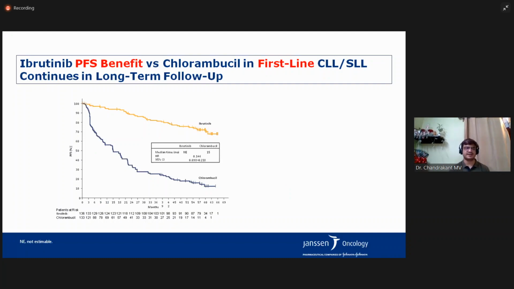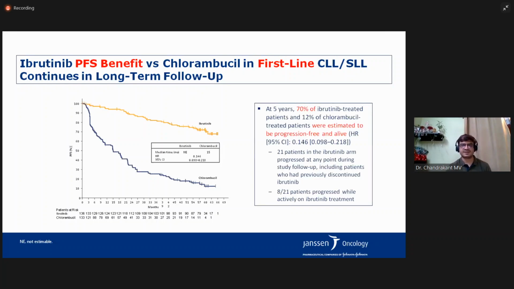So the study met its primary endpoint where the progression-free survival in the ibrutinib arm was statistically significant, and it is better when compared to chlorambucil. The median PFS was not met in the ibrutinib arm compared to the chlorambucil, and you can see the hazard ratio being extremely impressive.